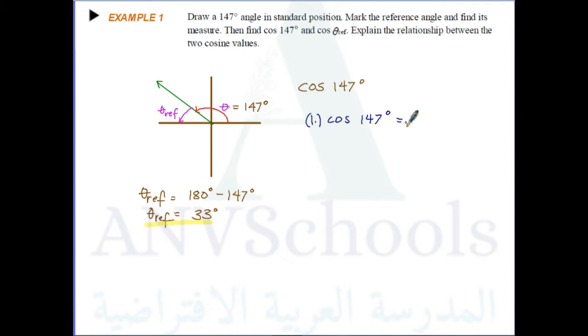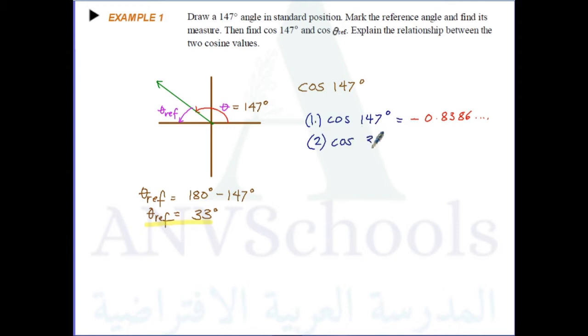If your calculator is in degree mode and not radian, then cosine of 147 will give you the cosine of 147 degrees. So that is negative 0.8386, like that. Okay?